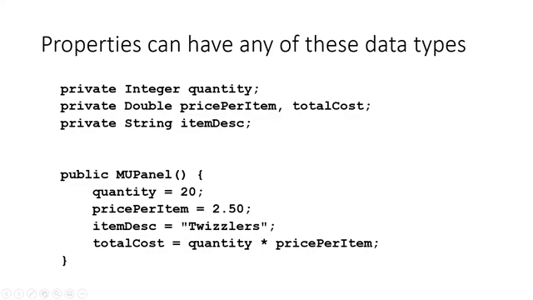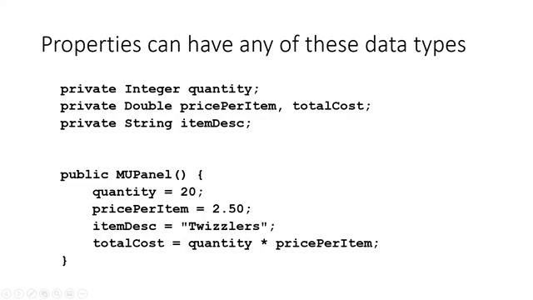Now, the data types must match. So if I have an integer property quantity, I'm going to store the integer constant 20 in that variable. Okay, so you have to match. And the destination goes on the left here. So price per item 2.50. Item description, it's a string, so I have to have quotes around the Twizzlers.